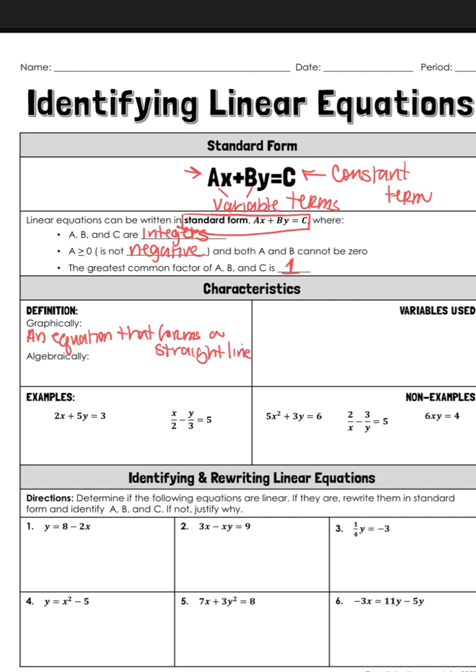Algebraically, it's an equation that can be written in standard form.